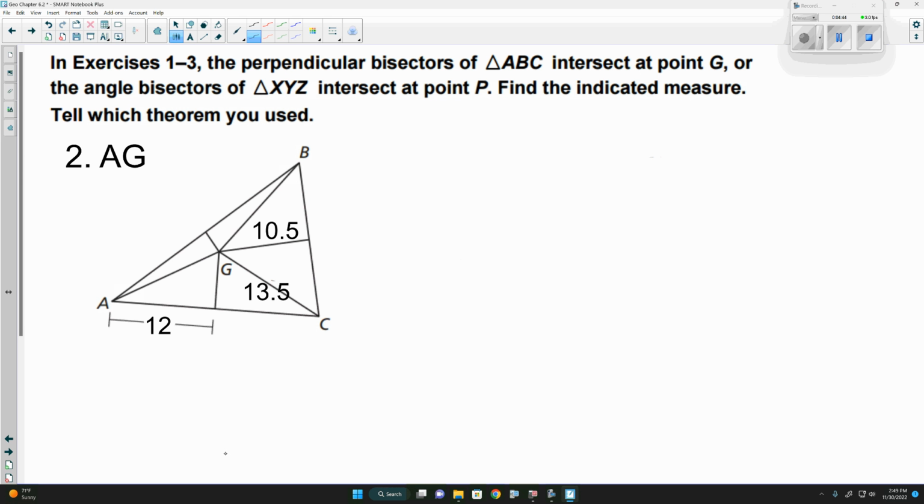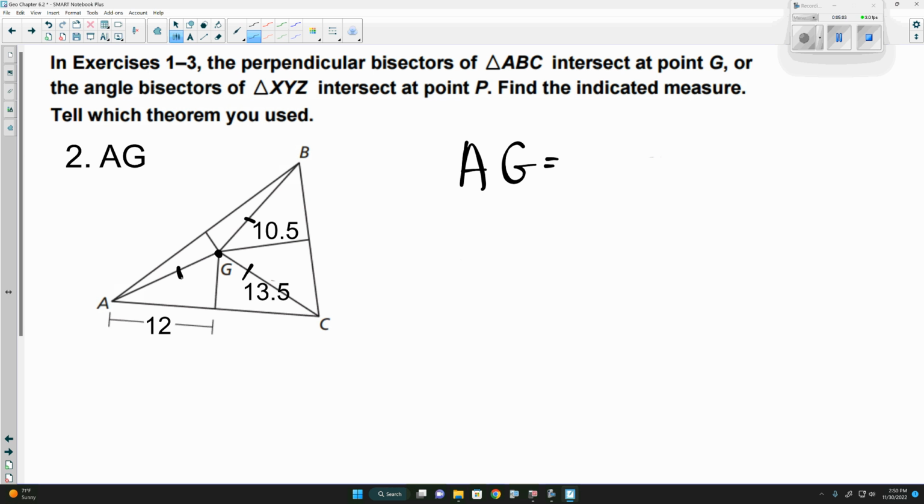So we're looking at the same type of triangle, so this is still the circumcenter, and we want to find the length of AG. Since it's a circumcenter, the distance from it to the angles are all going to be the same.